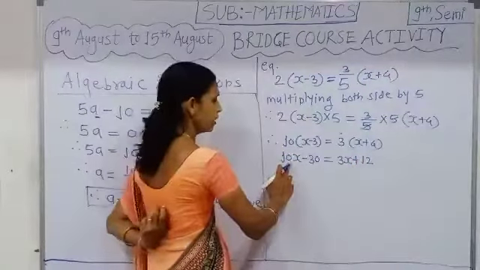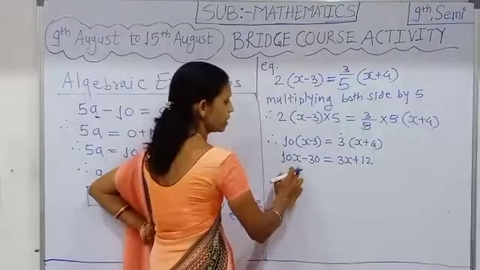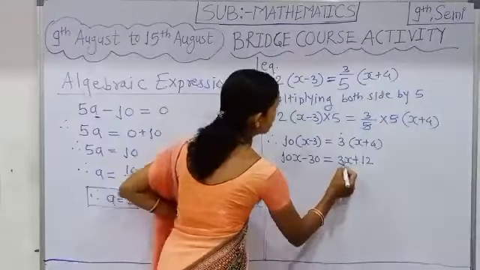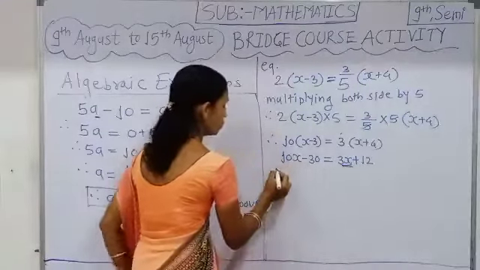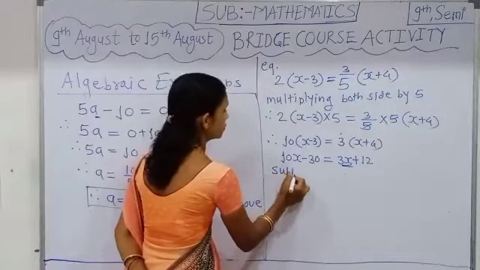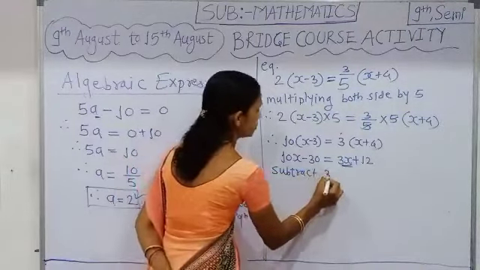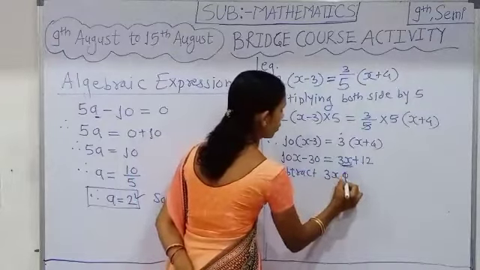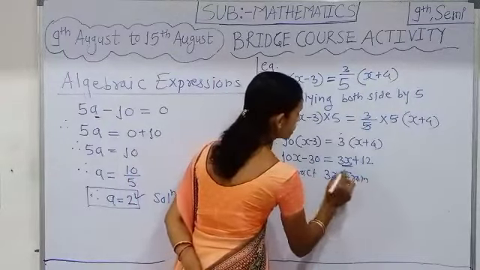Then see here, at the left hand side 10x is there, and at the right hand side 3x is there. Therefore, we have to subtract 3x from both sides.